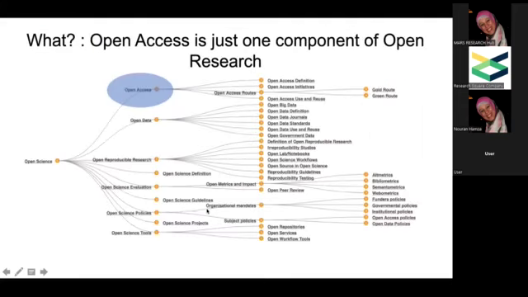Well, of course, now open access, as you can see here on this diagram, open access publishing, everything open so that anybody can get access to the work that you put out, is in fact just one component of a much larger ecosystem, one component of a much larger group of projects that we like to call open research.